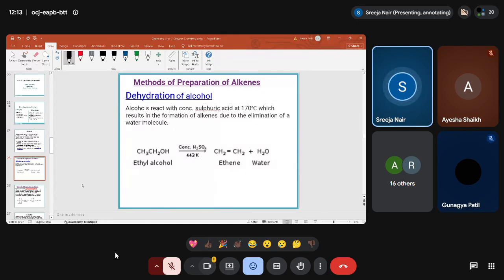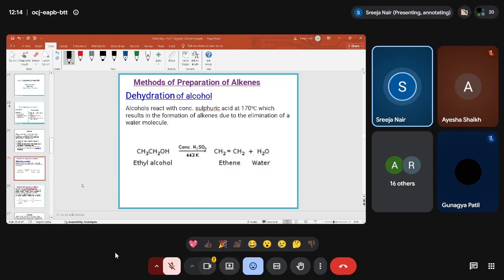Now, concentrate. Most of the time in your paper they ask about the dehydrating agent, that is, what is the dehydrating agent for converting ethanol to ethene. So the dehydrating agent is concentrated sulfuric acid, or Al2O3.